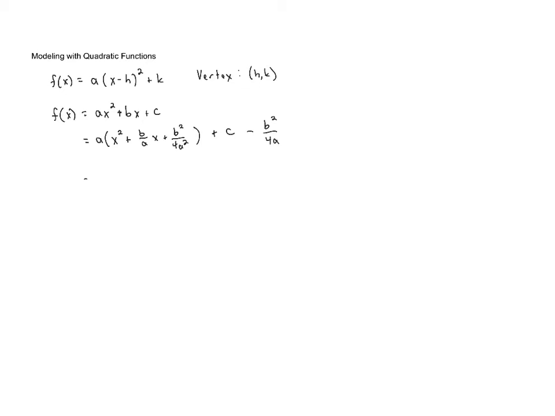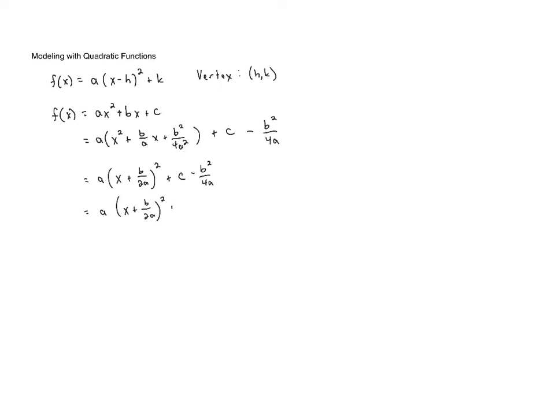Now we can factor what's inside the parentheses. This is going to give us (x plus b over 2a) quantity squared. And then on the outside, we have c minus b squared over 4a. We can leave this like this, or we can combine those as fractions. I'm going to write it both ways.